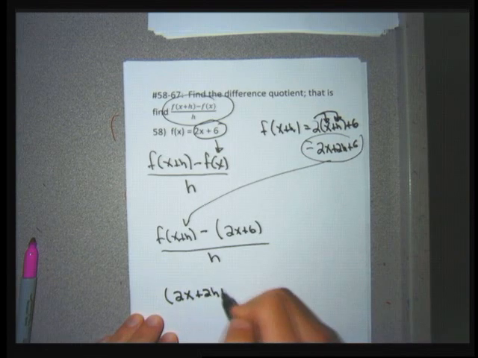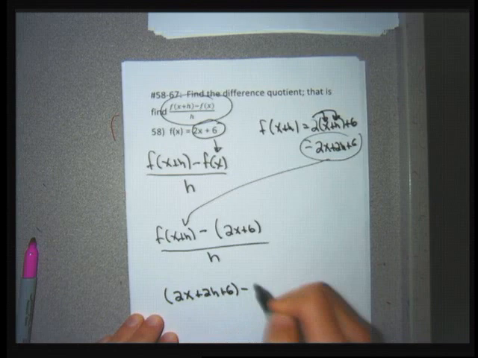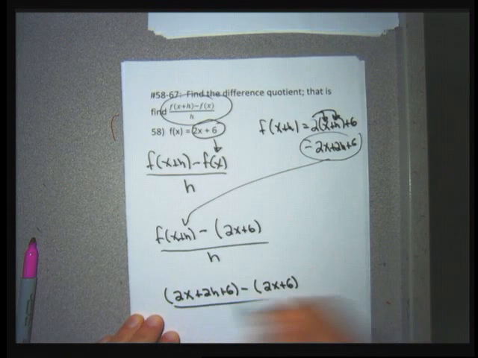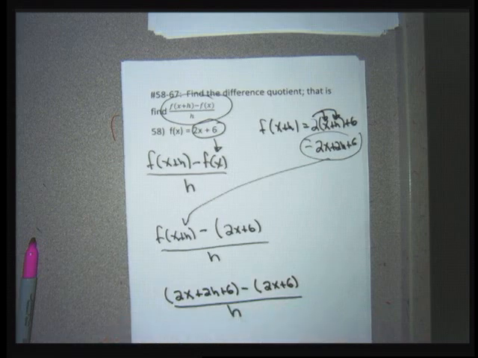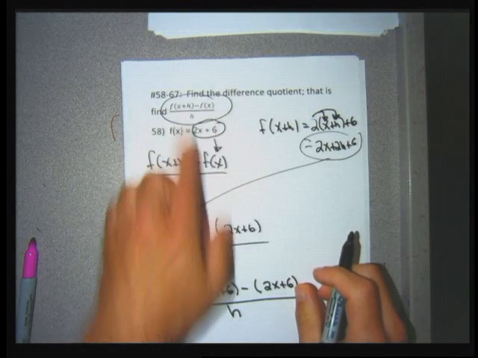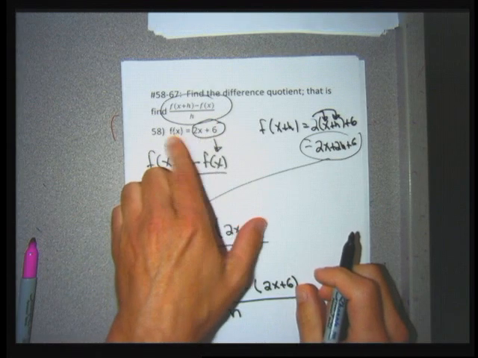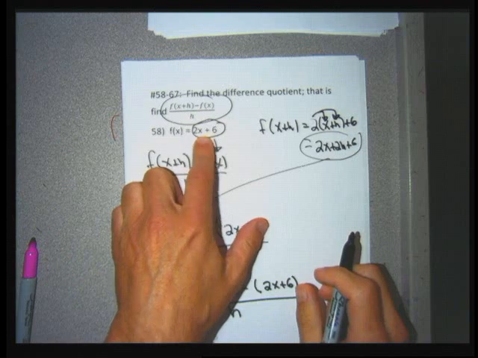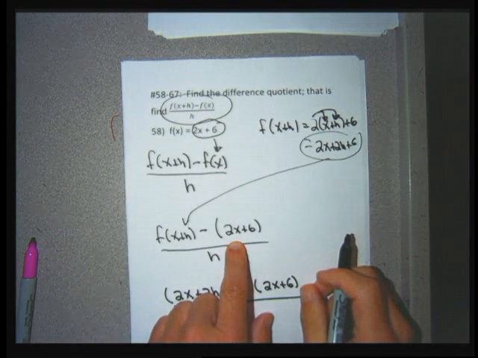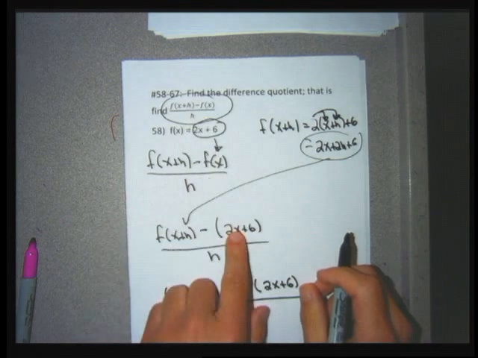So when I'm asked to find the difference quotient, what I need to do is take the formula that's given and rewrite the numerator so it doesn't have f's. The f that's written next to the minus sign, I can replace by what the problem has stated. It's told me that f of x is equal to 2x plus 6, so I was able to change the second f in the numerator to 2x plus 6.